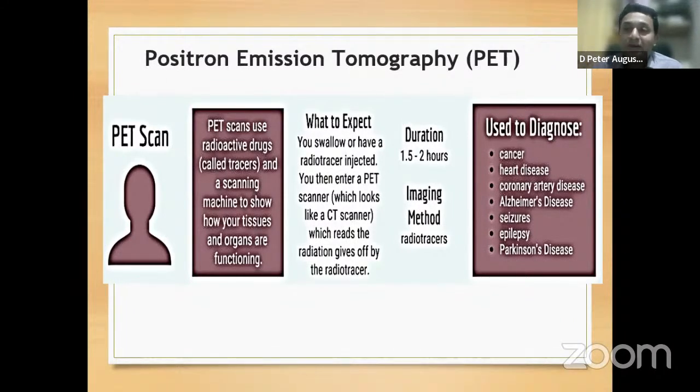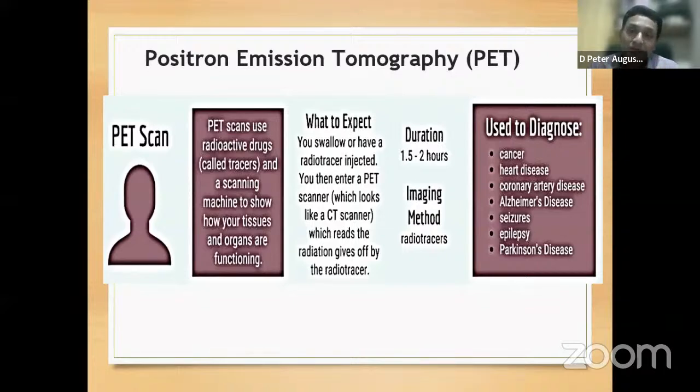They inject the radioactive material into our body, and it works with our tissues, depending on the case. If you take cancer, the material is fluorodeoxyglucose, FDG, sent into the body.